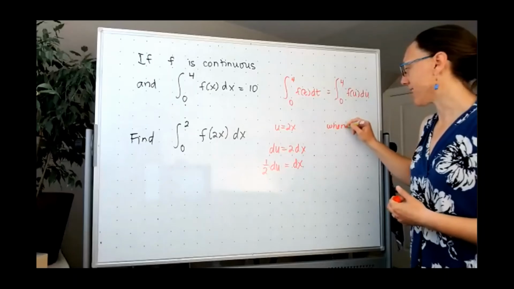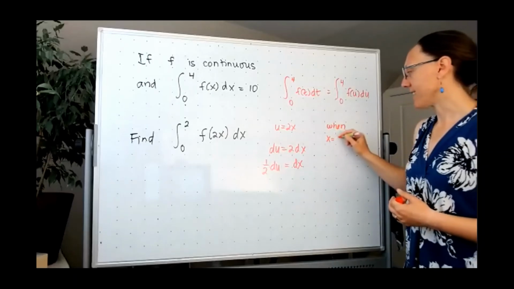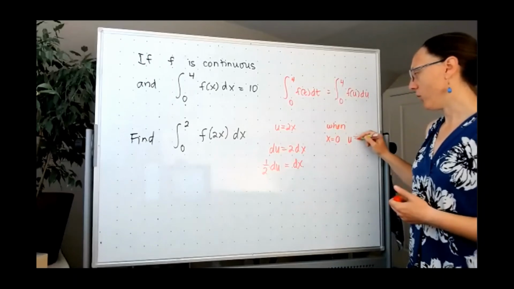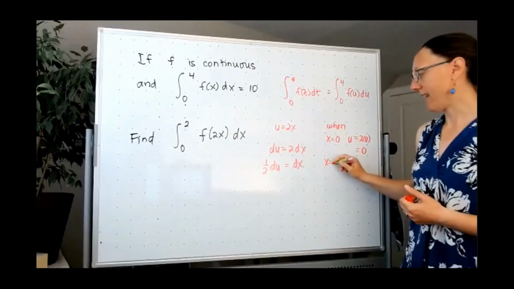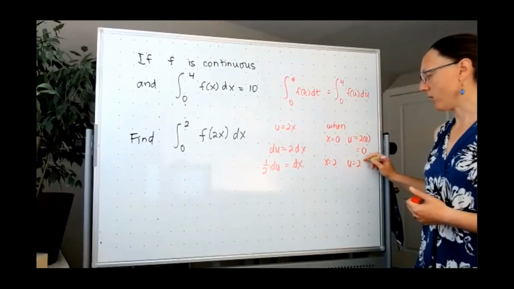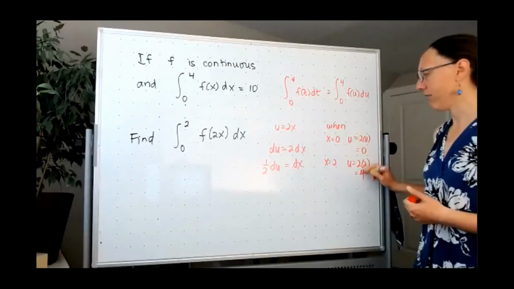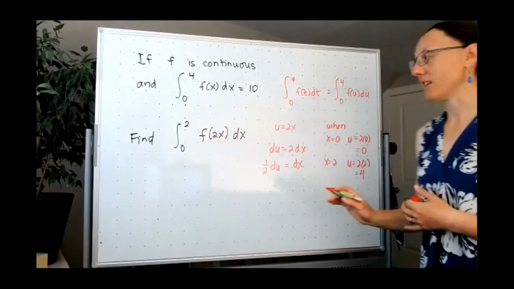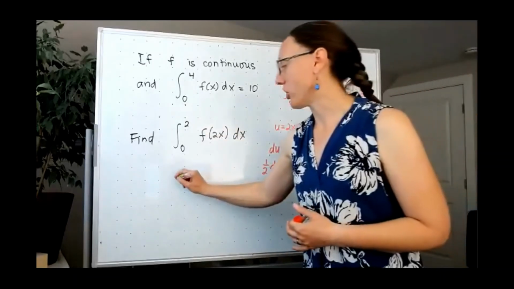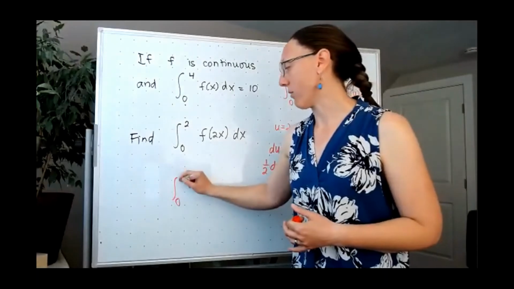So I'm going to come off to the side and say when x equals 0, u is equal to 2 times 0, or 0. And when x is equal to 2, u is equal to 2 times 2, or 4. So when we translate this, my limits have changed from 0 to 2 to 0 to 4.